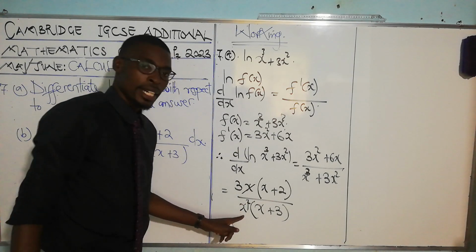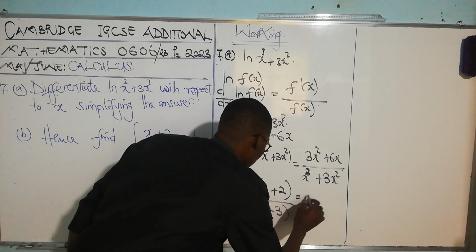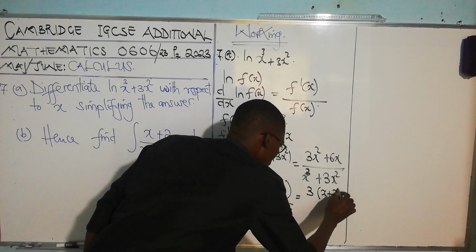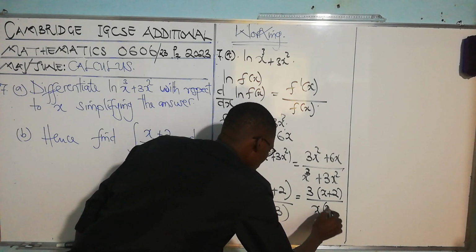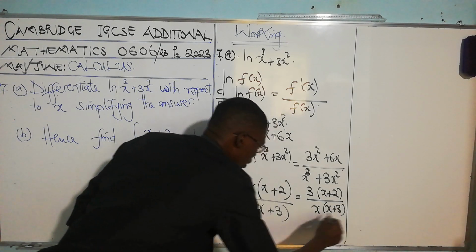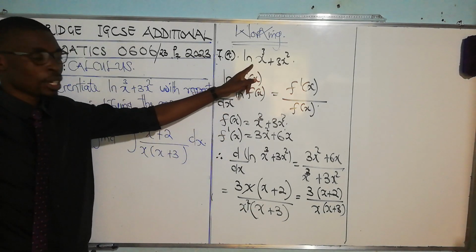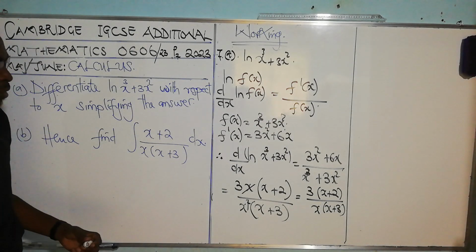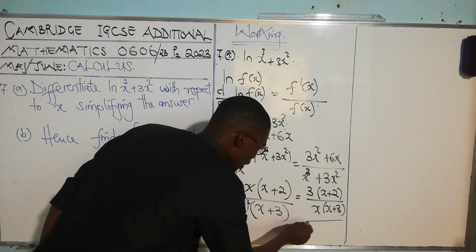So x can divide x squared x times. So this is going to give us 3 times (x plus 2) over x times (x plus 3). So that's what the derivative of the natural logarithm of x cubed plus 3x squared is. So the answer to the first part of the question is here.